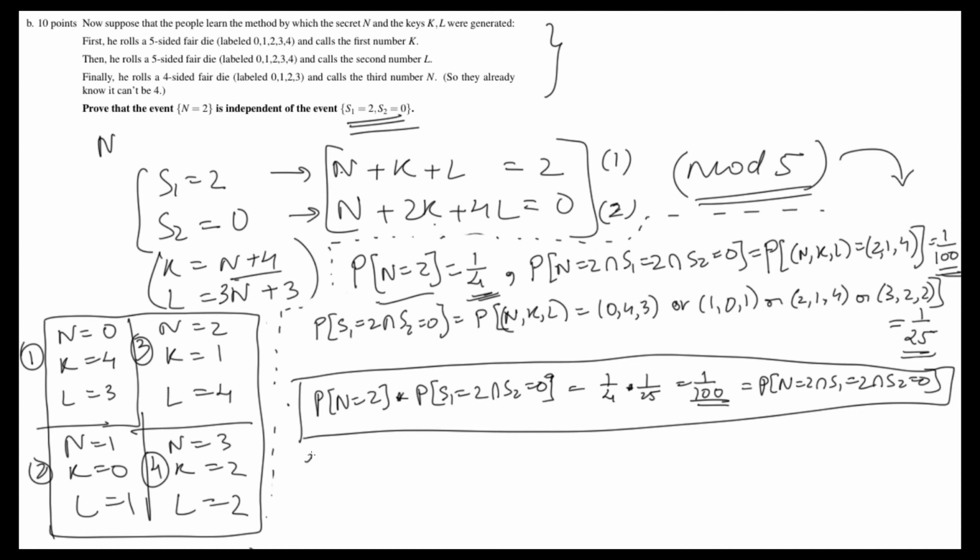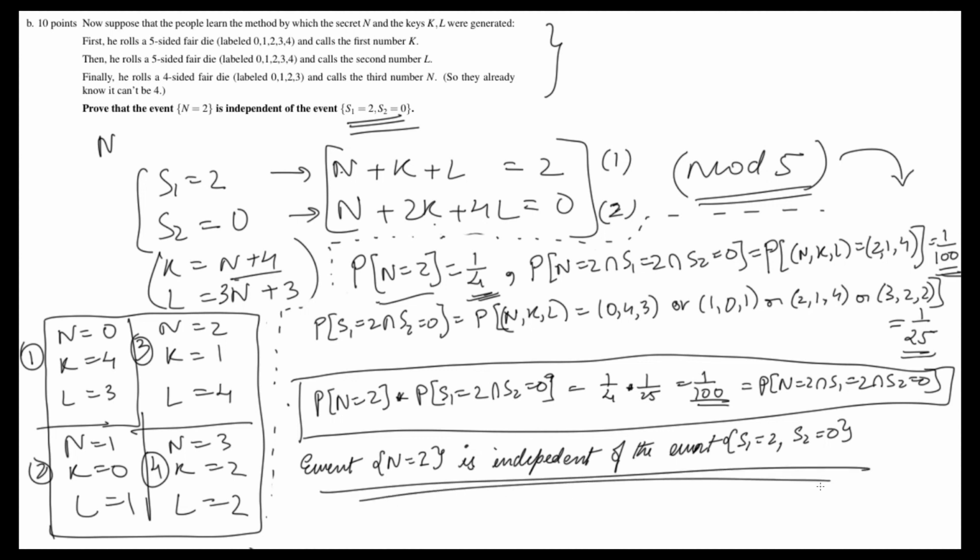Thus we've proved that the event N is equal to 2 is independent of the event S1 is equal to 2, S2 is equal to 0, and that's all. Finish the proof. That's how to do part B of question 2. Question 1.